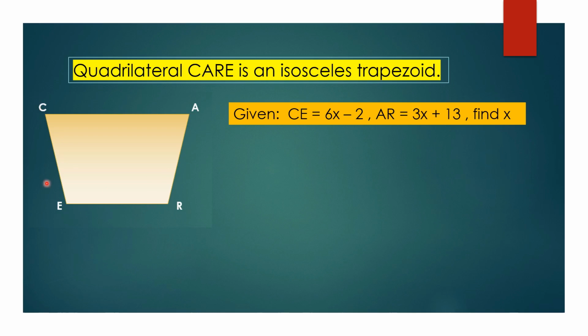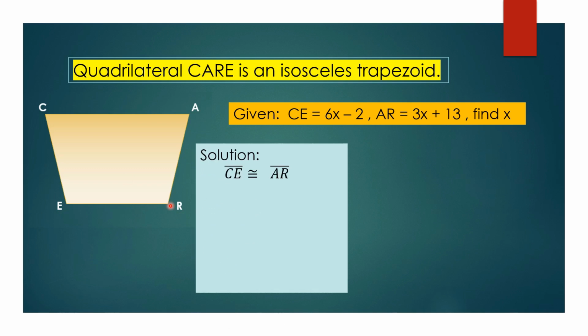Since segment CE and segment AR are legs of an isosceles trapezoid, we can state that segment CE is congruent to segment AR.